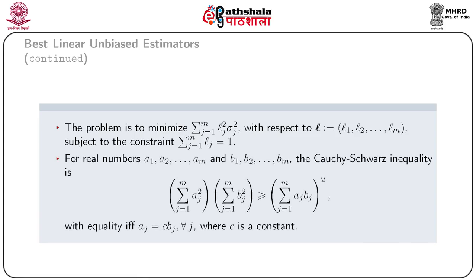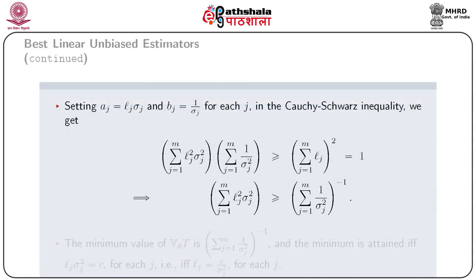To solve the problem, we consider the Cauchy-Schwarz inequality. By Cauchy-Schwarz inequality, for any two sets of real numbers a1, a2 up to ak and b1, b2 up to bk, we have summation over i from 1 to k of ai² into summation over i from 1 to k of bi² is greater than or equal to summation over i from 1 to k of ai bi whole squared, where the equality sign holds if ai equals some constant c into bi for all i.